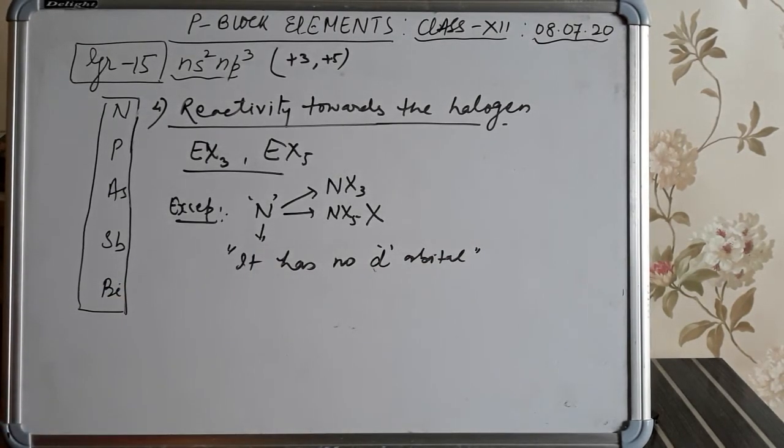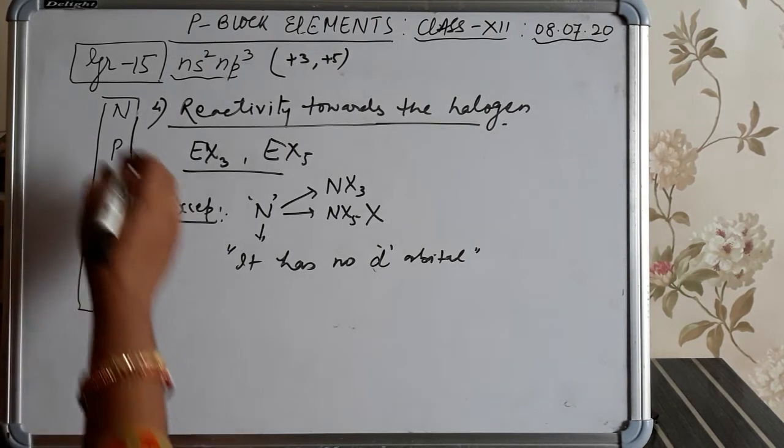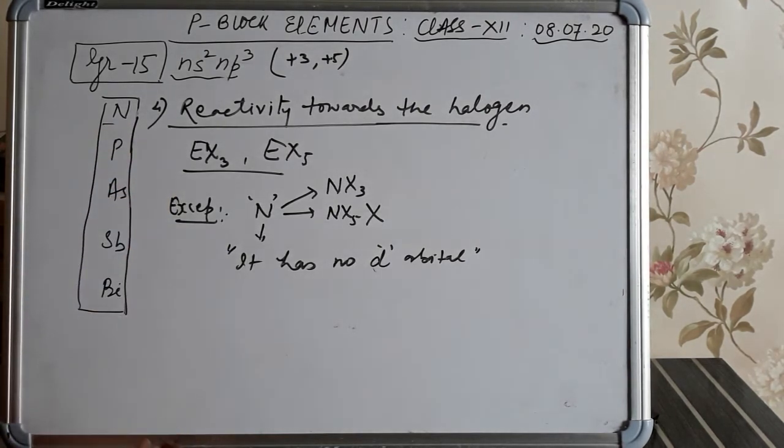Nitrogen cannot form pentahalide, but other members can form pentahalide easily. With the exception of nitrogen, other members can form both types of halides, trihalides and pentahalides.